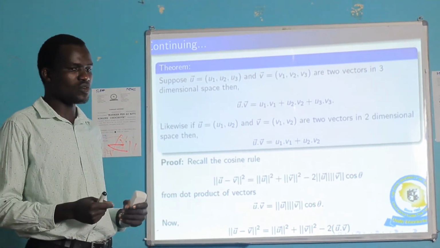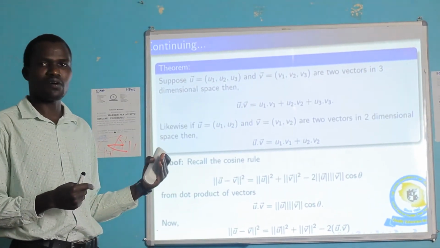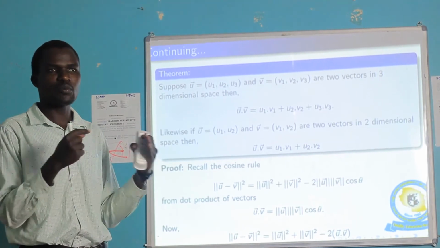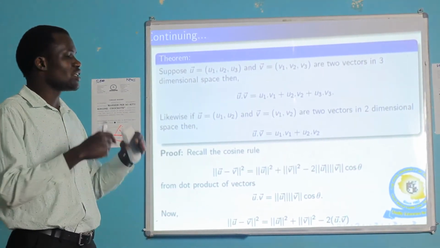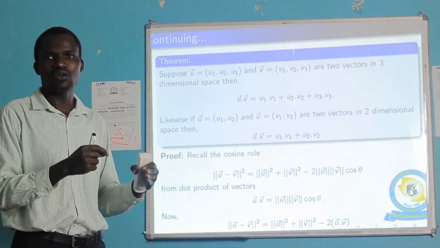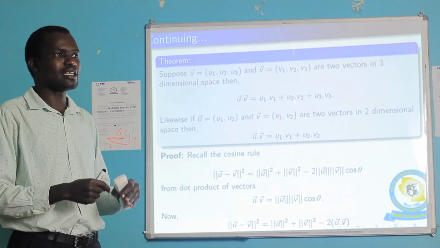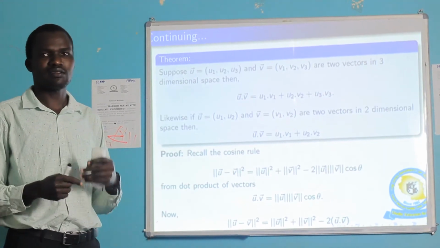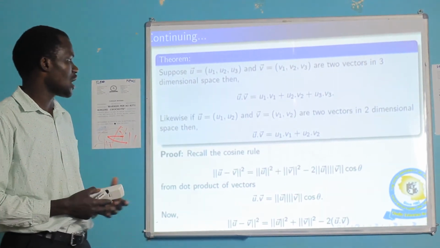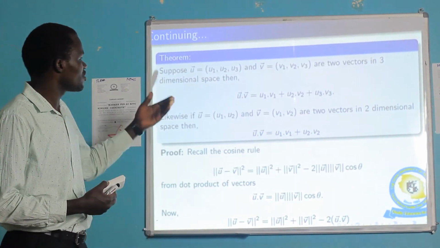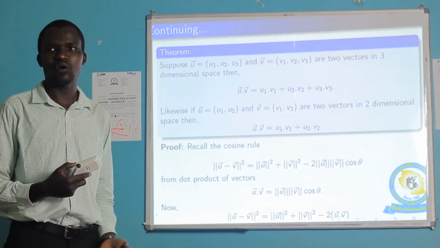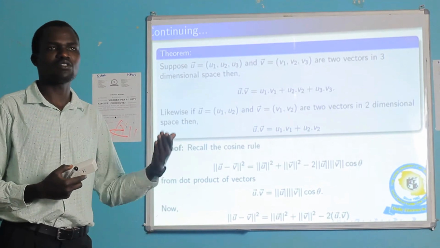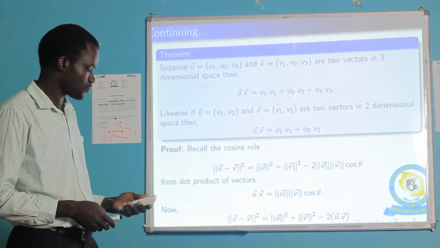So instead of using the other definition I've already shown, that the dot product between two vectors equals the norm of u times the norm of v times cos of theta, where theta represents the angle between them, we are now going to see that this theorem can find the dot product without considering the angle of the two vectors.